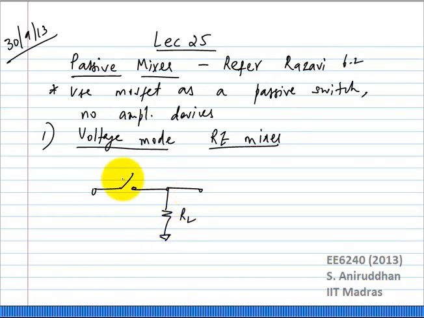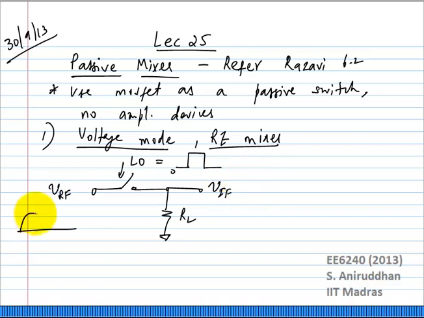We'll take the example of a switch which has the LO signal which is either 0 or 1. It's a perfect 50% duty cycle square waveform going from 0 to 1 and back. The input is given on the left side of the switch and the output is taken across the resistor.